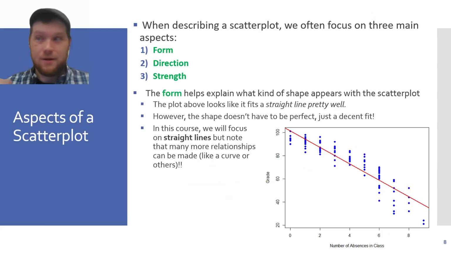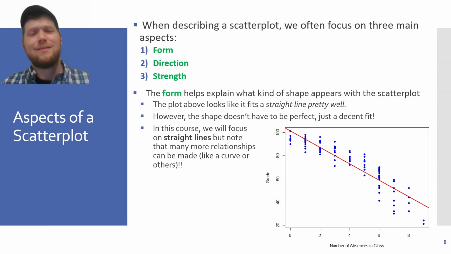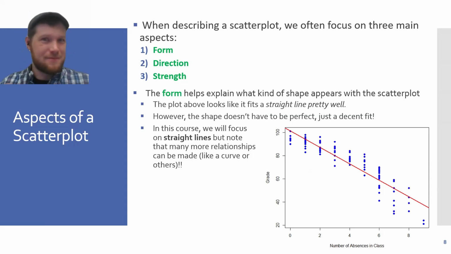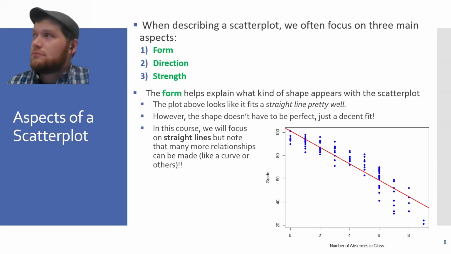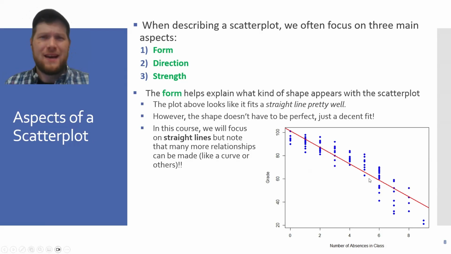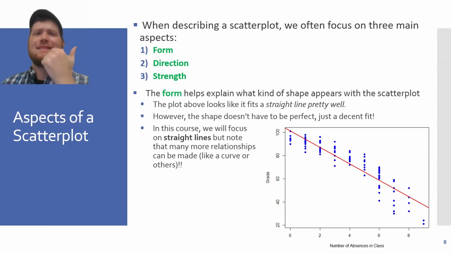The other things, like ANOVA and chi-square, it's a little bit trickier to describe; I kind of wave my hands. This actually gives us a better way to describe things. And so we'll do so through the idea of form, the idea of direction, and then the idea of strength.